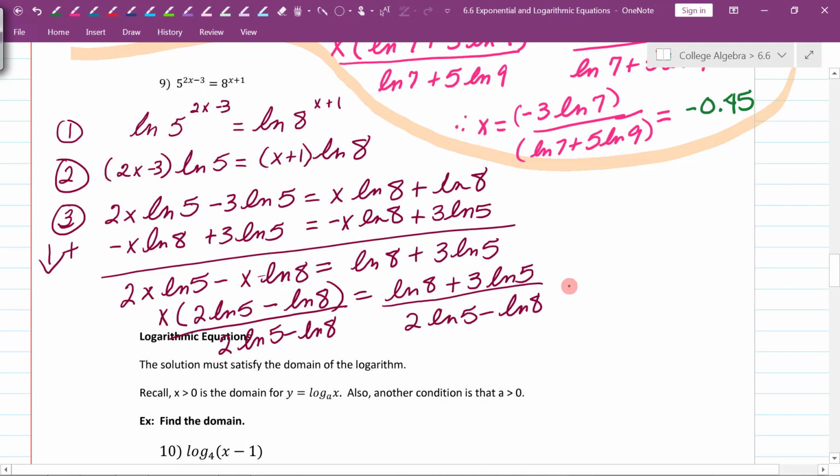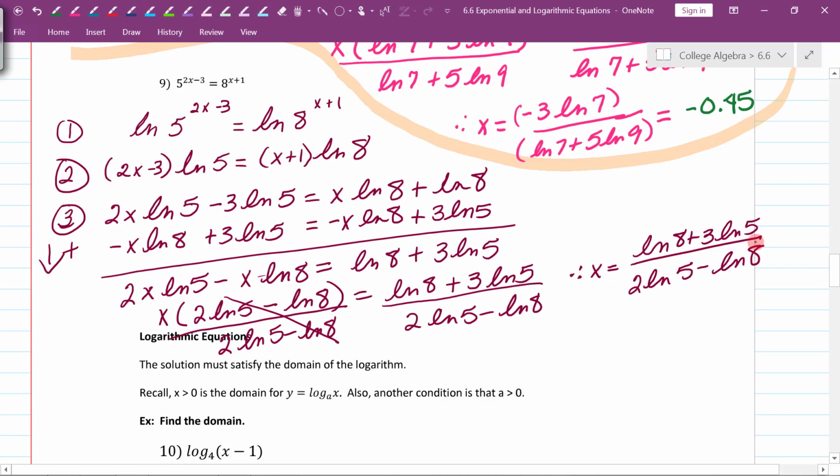And that goes away. All I have left over here now is the x. Therefore x is equal to natural log of 8 plus 3 natural log of 5 divided by 2 natural log of 5 minus natural log of 8.